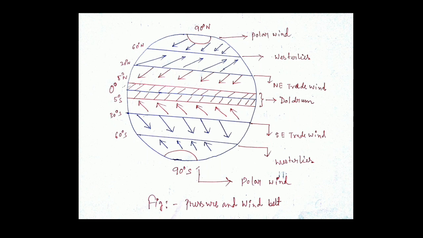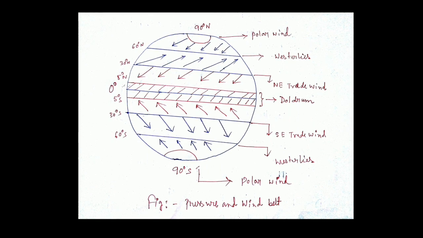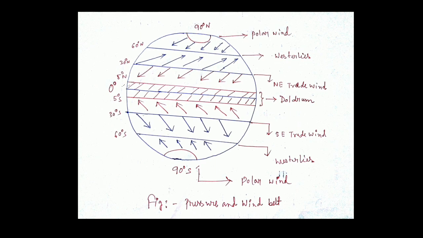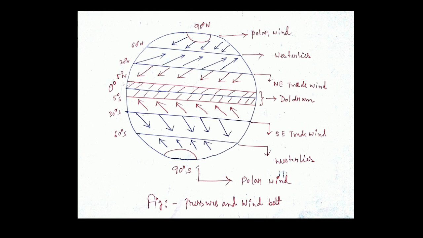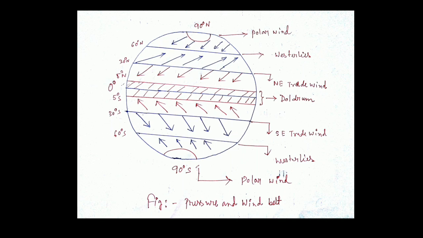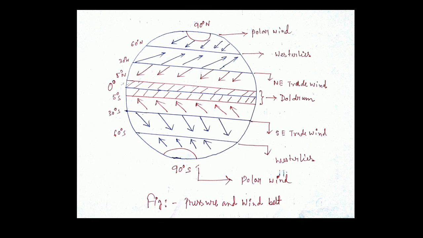Again, the red arrow mark indicated towards the equatorial region is known as the trade wind. In the northern hemisphere this wind is known as the northeast trade wind, and in the southern hemisphere it is known as the southeast trade wind.